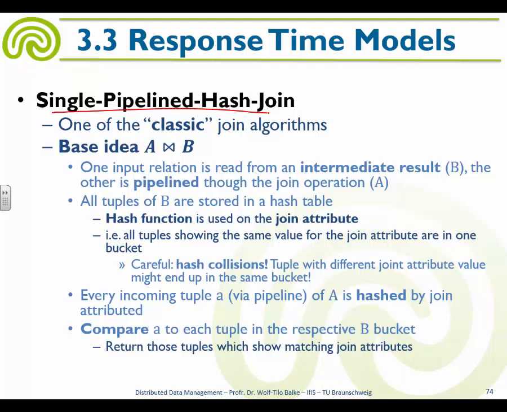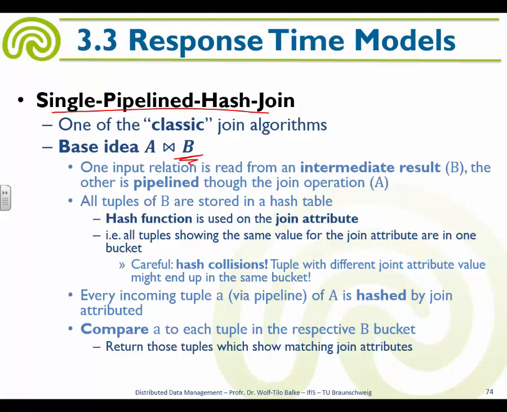And the other one is pipelined through the join operation. So one of the tables, like the B table, has a hash index, and I know what is in there and what is not. So whenever I have something in the A table, I can look it up in the hash table to see whether it matches any of the things or whether it does not have a partner in B, right?